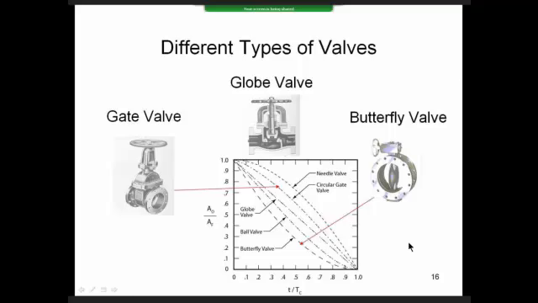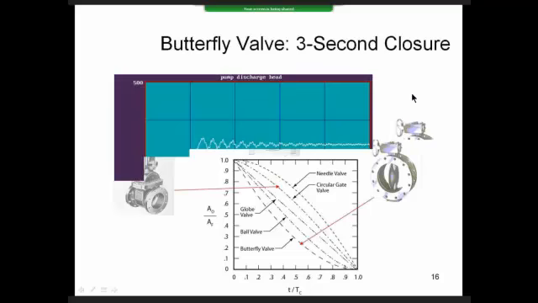What that means is that in the very last part of the stroke, you're going to reduce the velocity much quicker with a gate valve, because it hasn't closed. It's only 25% closed, and so there's still a lot of flow.